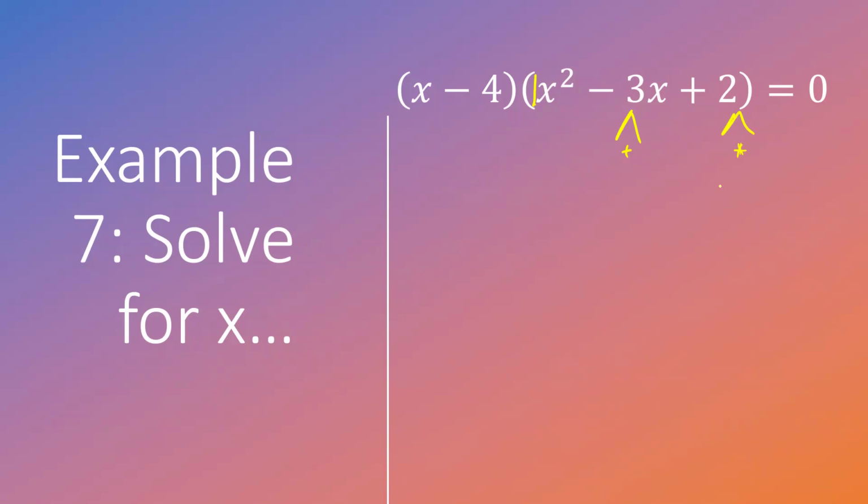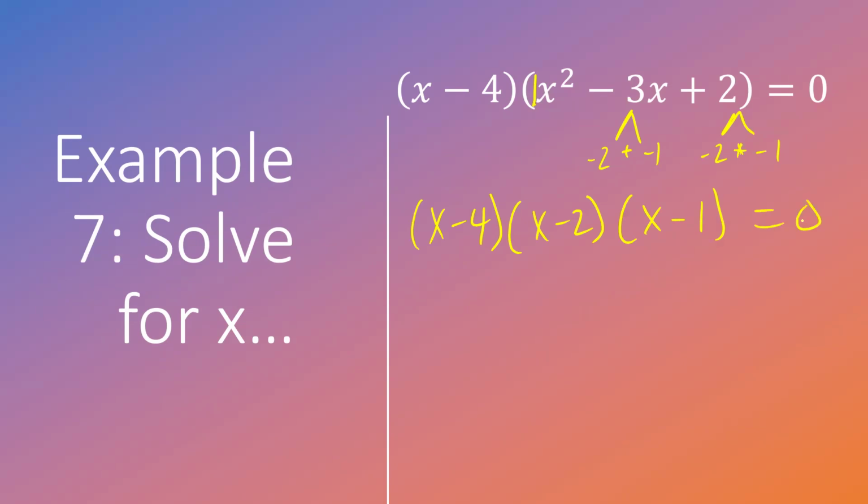There we go. -2 and -1. A negative times a negative makes a positive, but a negative plus a negative is still a negative. So our fully factored form would be x minus 4 and x minus 2 and x minus 1 equal to 0.